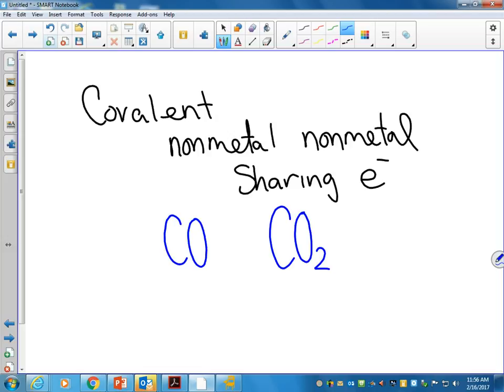Do you guys know why carbon monoxide is so deadly? Because if you breathe in carbon monoxide, what does it react with? Does anyone know? Oxygen. So if you're swallowing carbon monoxide into your lungs and oxygen, before the oxygen transfers into your lungs, it'll probably react with the carbon monoxide, right?